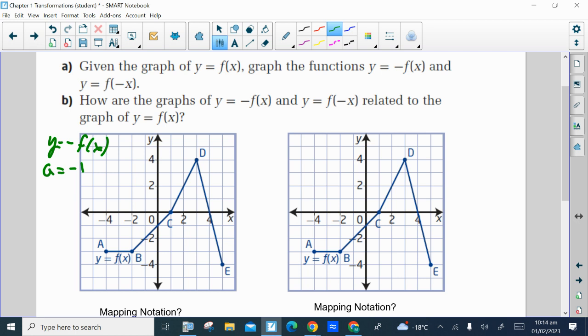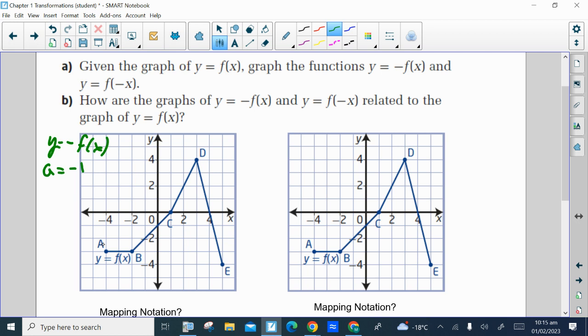So what that means is all the points are the same distance away from the x-axis, just on the other side. If points are originally below the x-axis, they will reflect so they're above the x-axis. If they're originally above the x-axis, they will reflect so now they are below the x-axis. The same distance away, just on the other side.